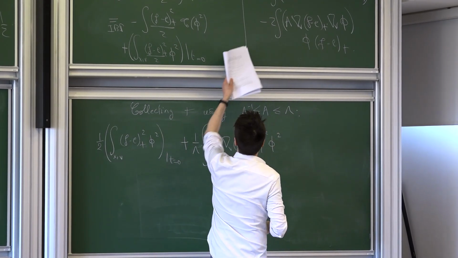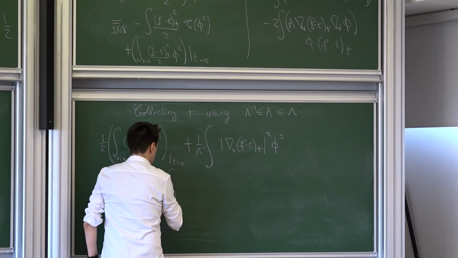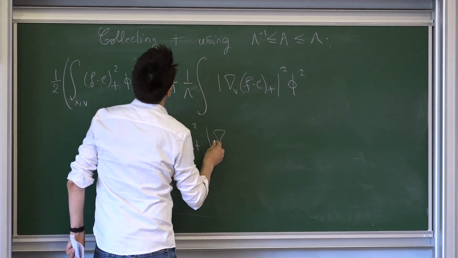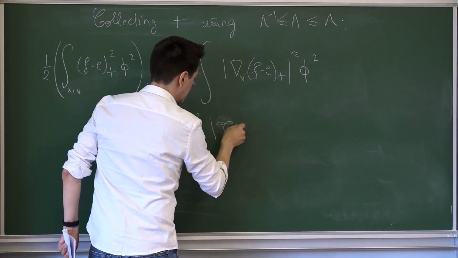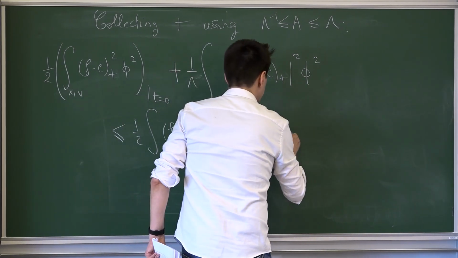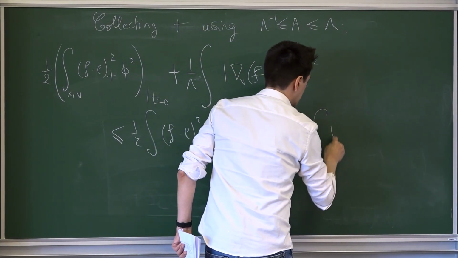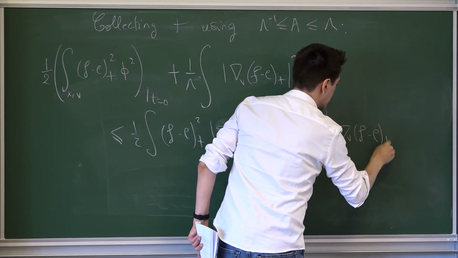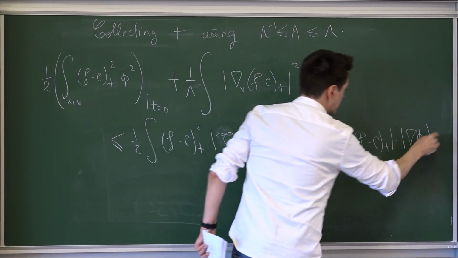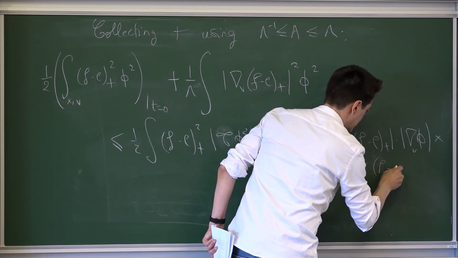So I collected the first term, and now on the right-hand side I have two terms. I have 1/2 of f minus e plus squared, transport of phi squared, and the other term is plus 2 lambda, I bound the matrix A, gradient of f minus e plus, gradient of phi in v, times phi times f minus e plus.